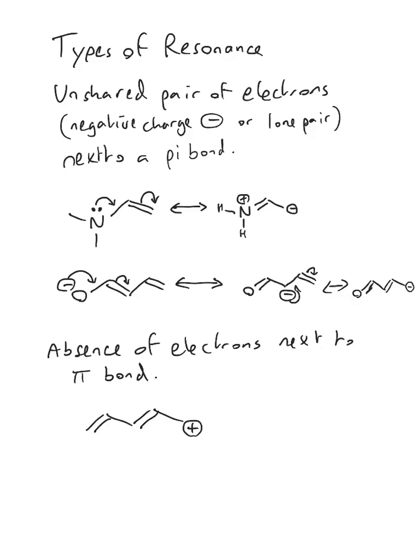Oh, the carbon has a positive charge on it. Well, that means that the resonance is now going to be coming from the bond next to it to form a new double bond where the plus charge should be, which looks like this, but now the positive charge will have shifted. We can now resonate further.